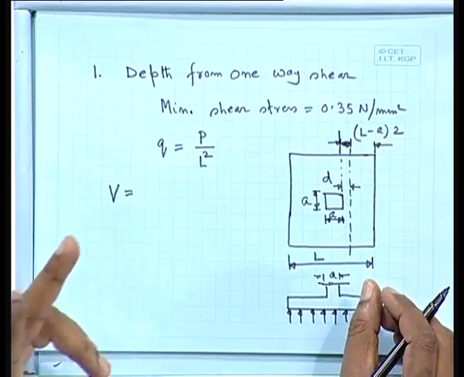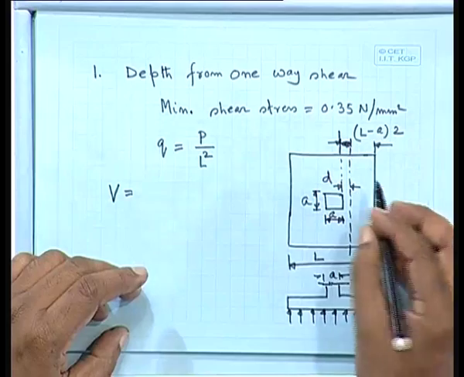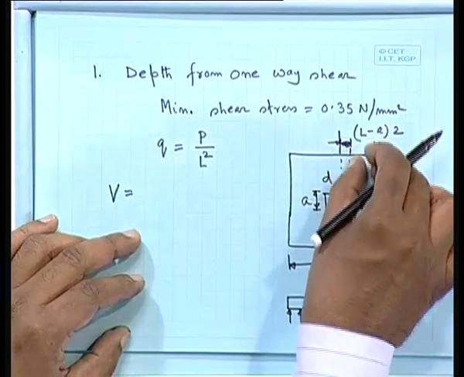There are two ways we can do it. One, we can take unit length, or the alternative is that we can take the full length.